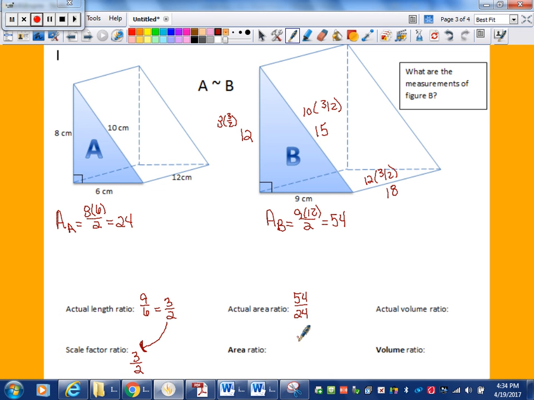But that's not my area ratio. My area ratio is actually the actual ratio simplified. So if I look at 54 over 24, I know they're both divisible by 6. So if I divide both of those by 6, it would come out to be 9 over 4. That is my area ratio, 9 over 4.